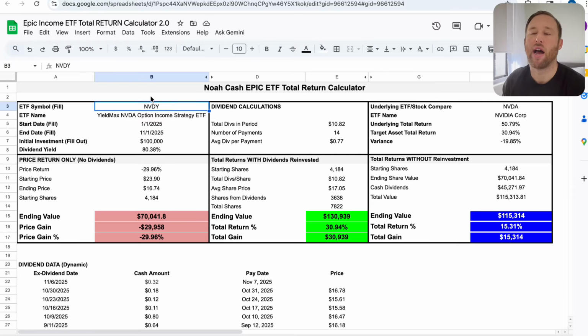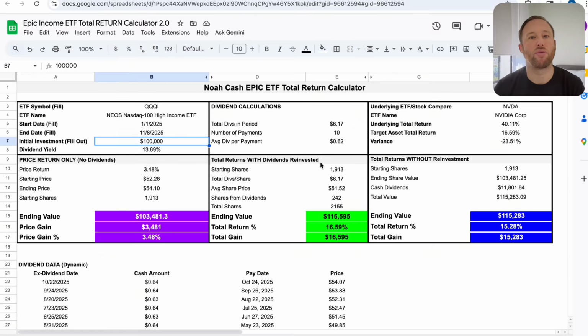Now we understand that likely the underlying asset, the majority of the time, is going to beat the total return performance of this asset, because with covered calls you're giving up some upside for the benefit of income, but it's still cool to evaluate the two of them and see which assets come close to each other between the underlying and the invested asset.